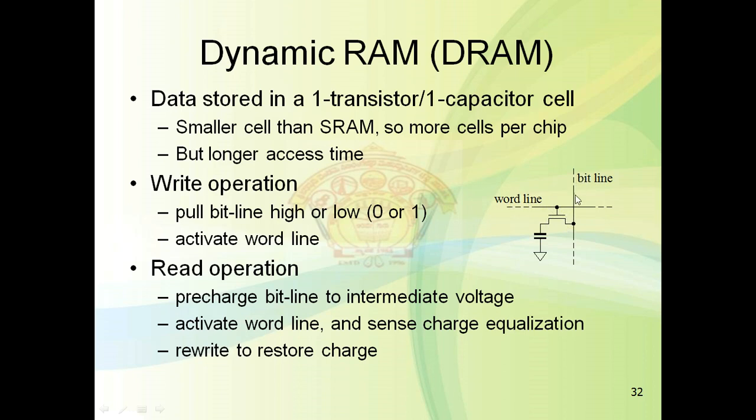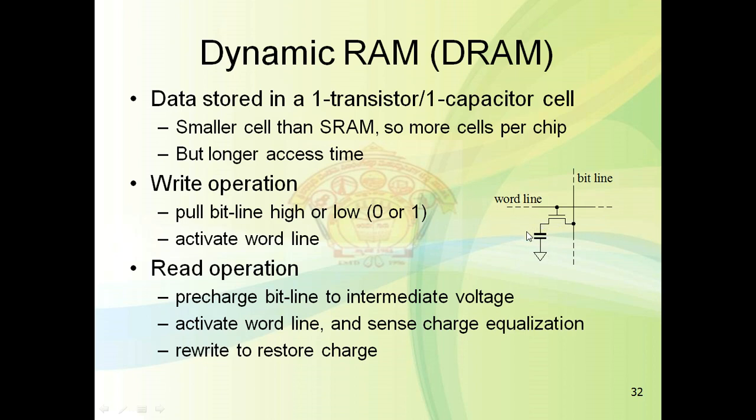The voltage on the bit line changes: if previously stored data is 1, then the capacitor will discharge onto the bit line, so it will sense that the data is 1.